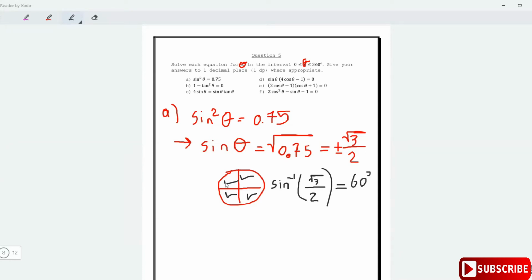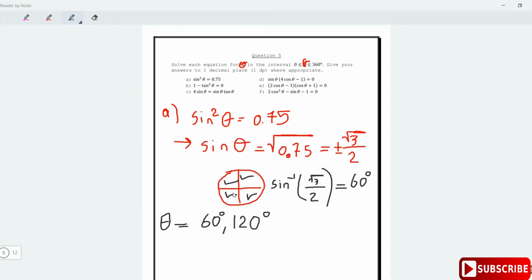Now remember, we want the answer in all four quadrants. So that means theta is equal to your angle in the first quadrant, which is 60 degrees. Then we need your angle in the second quadrant, which is 180 minus 60, which is 120 degrees.